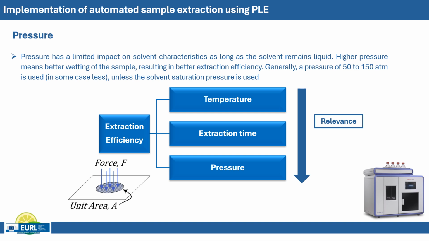Pressure has a limited impact on solvent characteristics as long as the solvent remains liquid. Higher pressure means better wetting of the sample, resulting in better extraction efficiency, and generally a pressure of 50 to 150 atmospheres is used. In some cases less, unless the solvent saturation pressure is used.